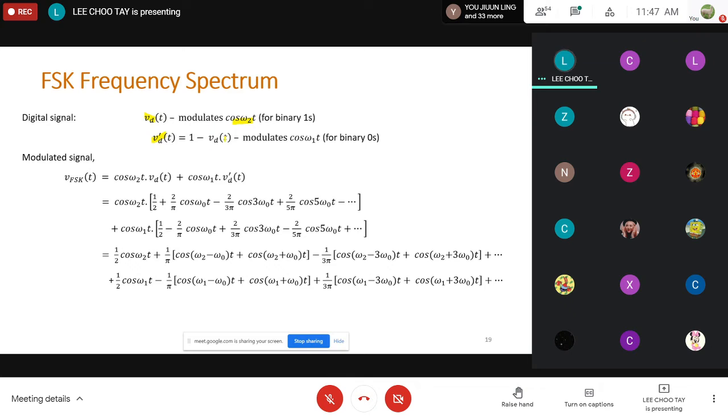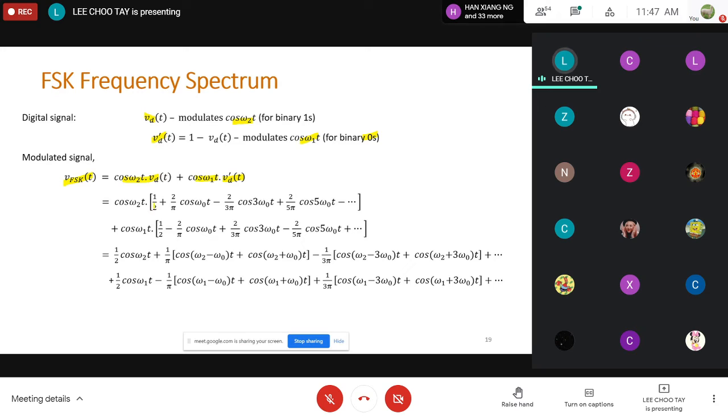This is the inverted version. And I use this signal to modulate the second carrier with the frequency omega 1. This is to carry my binary 0 information. So the FSK signal is basically a sum of these two: cos omega 2t multiplied with my digital data, and cos omega 1t multiplied with the inverted version of my digital data.